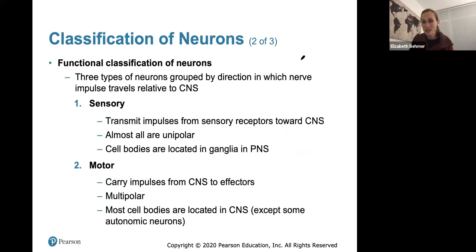Again, functional classification of neurons, you should understand this. You can have sensory neurons or motor neurons. Sensory neurons transmit impulses from sensory receptors to the brain and spinal cord, and motor neurons carry impulses from your brain and spinal cord to effectors.